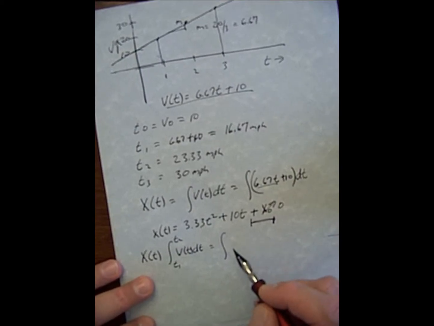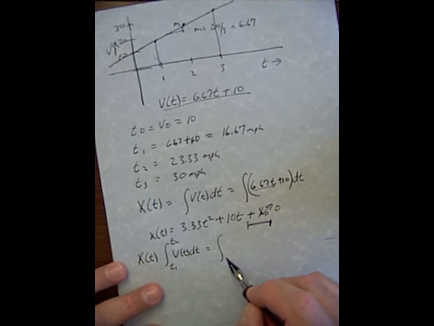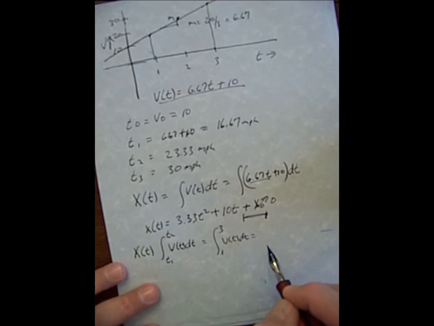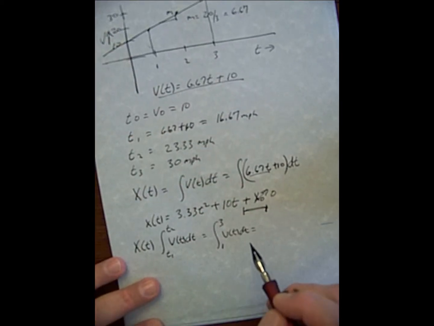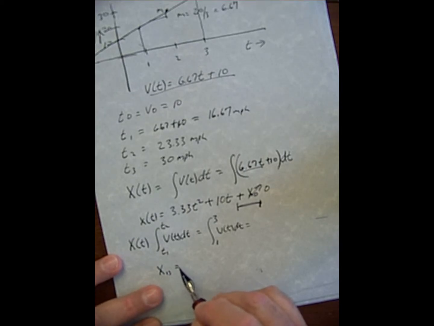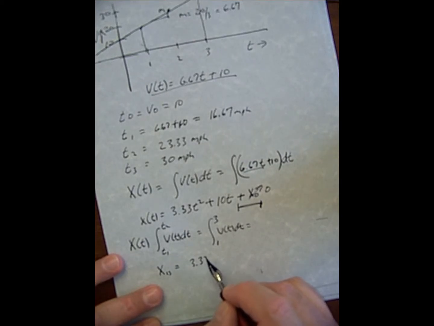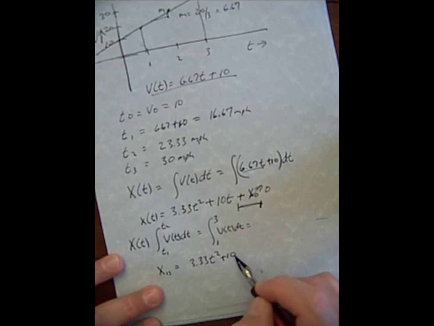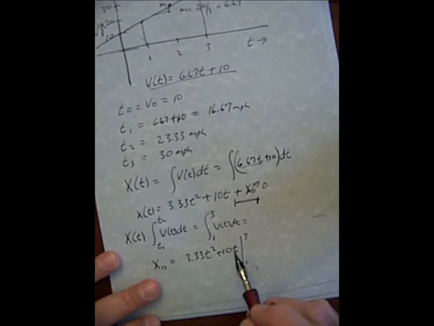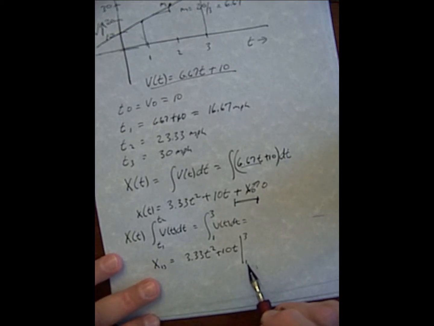In this case, it's the integral from 1 to 3, and all that means is that we take the integrated value, so x from 1 to 3 is equal to 3.33 t squared plus 10t. We're going to evaluate that from 1 to 3, which just means we evaluate it at 3, evaluate it at 1, and subtract this one from this one.